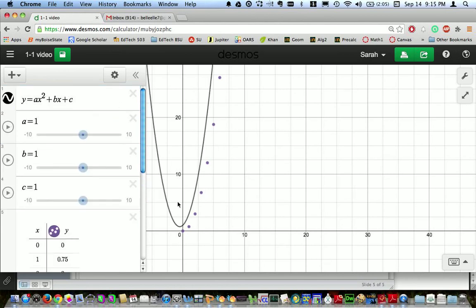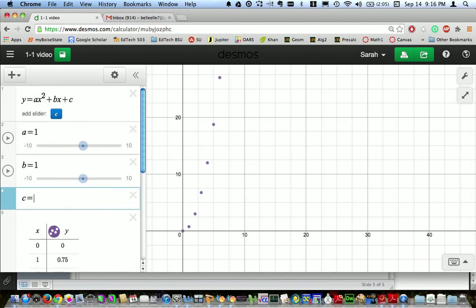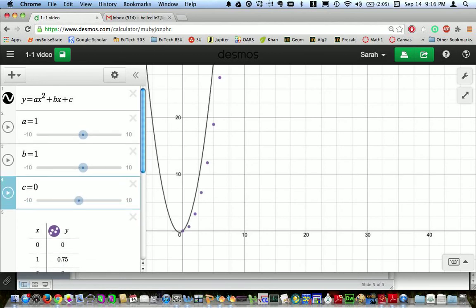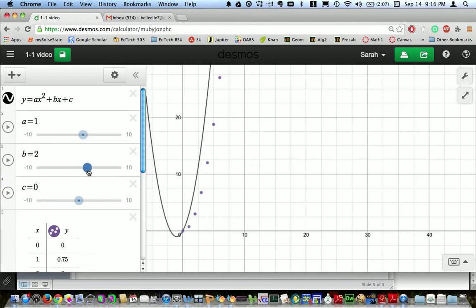So it gives you sort of a parabola. I can see the vertex is at 0. So that means the c is probably going to be 0. When you do the slider, you can actually type in the number. I'm just going to let c be 0. And then the b. So what I'm doing is I'm trying to get the graph to match up to the points as much as possible.